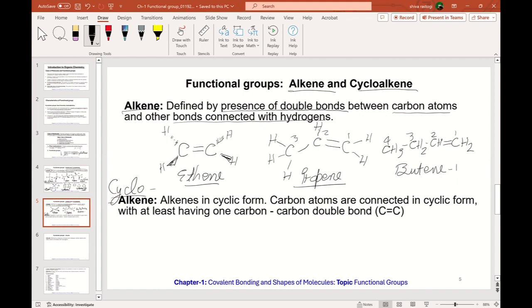So these are the examples of the alkene, and then third is the cyclic form of alkene. So the cyclic form of alkene will start like here, carbon, double bond carbon. Here you can see this carbon has only 2, and here we have only 1 hydrogen. So this is cyclopropene.